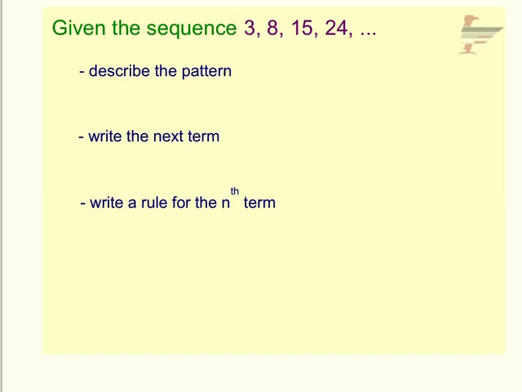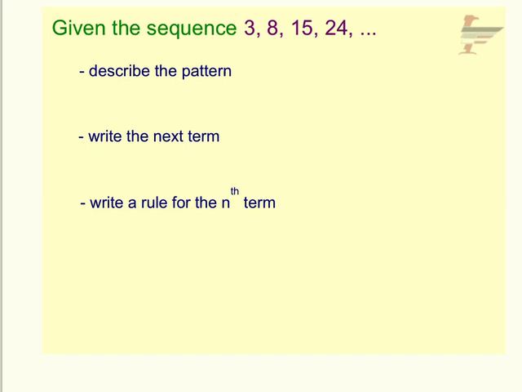So here's where this has had some frustrations in the past for students. When you're given a sequence and you have to figure out what the pattern is, figure out what the next term will be, and then come up with a rule for it. So now that you guys know arithmetic and geometric, those are what you'll check for first. If you see we have 3, 8, 15, 24, is there any sort of consistent pattern here?